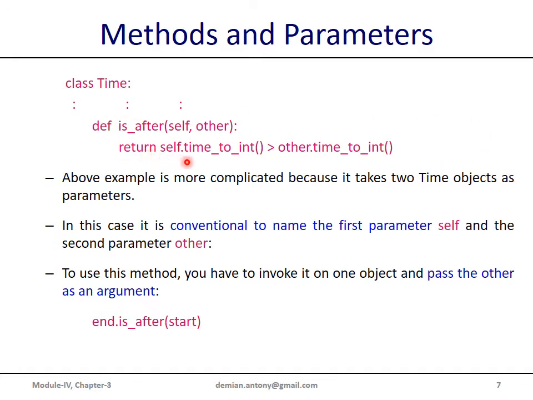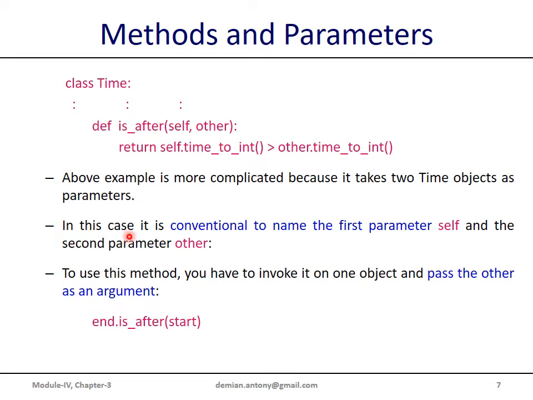We just convert the time into integer and we return true or false through the comparison of these integer values. The above example is more complicated because it takes two time objects as parameters. One is the subject, the object on which this function is being called, and the second one is an explicit object, here the name is other.